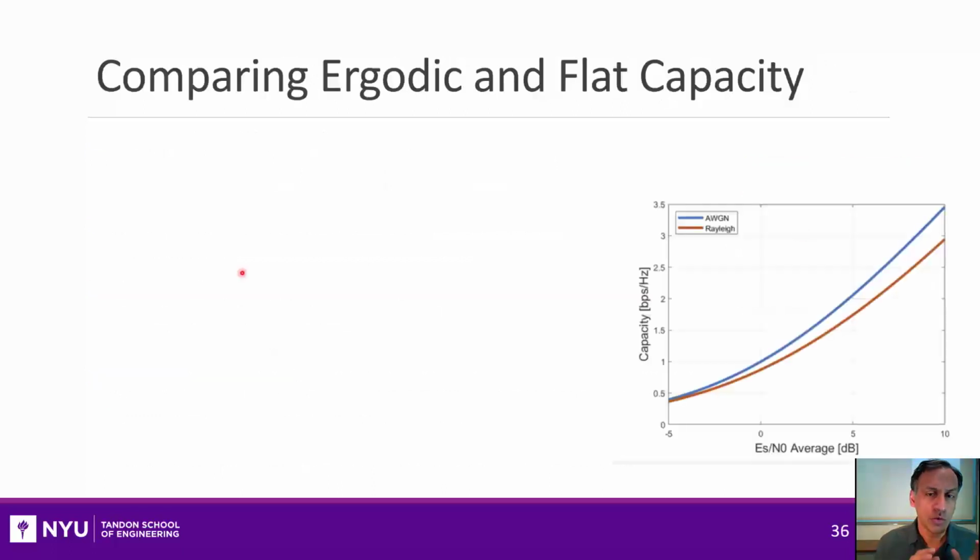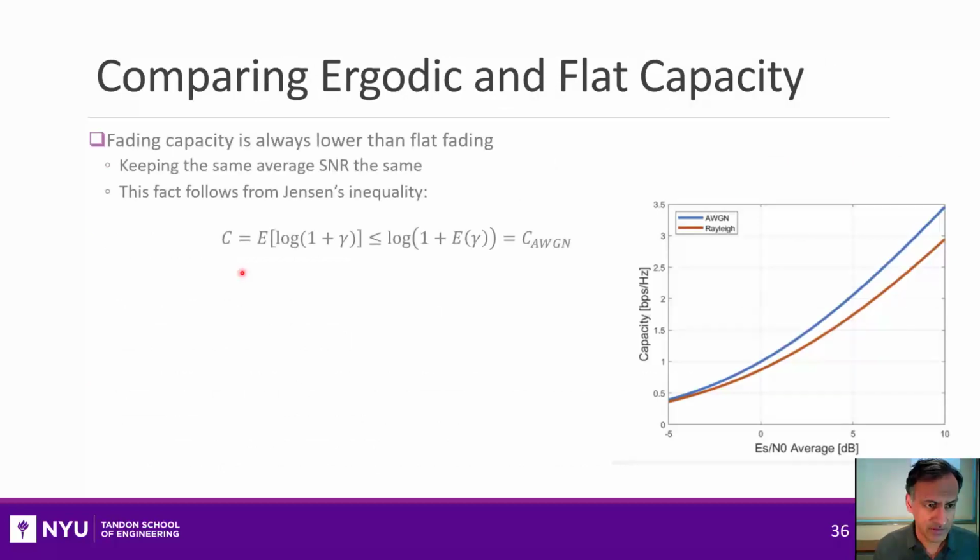All right, I just want to quickly compare the ergodic and flat capacity. Just to understand that, I'm going to say that the capacity with fading for any distribution will be always lower than the flat and slow fading case, assuming that you're keeping the average SNR constant. This is just a simple consequence of what's called Jensen's inequality.